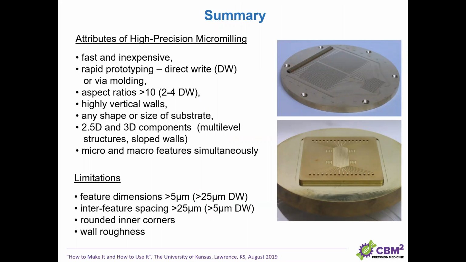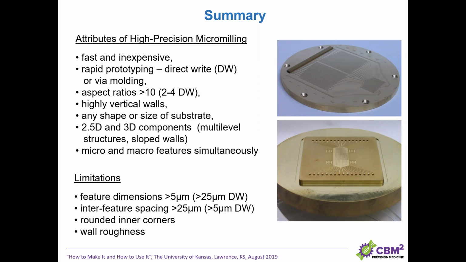So in summary, the attributes of high precision micromilling: it's fast and inexpensive, once you have the proper equipment. It's good for rapid prototyping, either by direct write or via hot embossing. You can get aspect ratios higher than 10, 2:4 for direct write, limited by the tool you use. You can really produce highly vertical walls, and pretty much any shape or size of substrate.